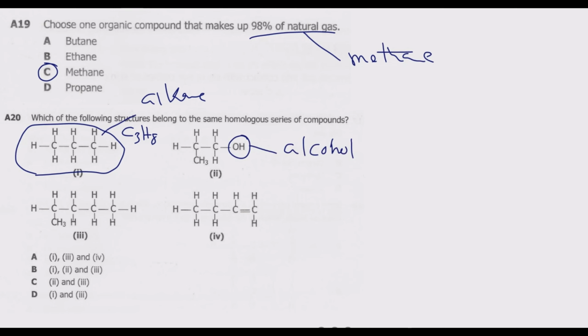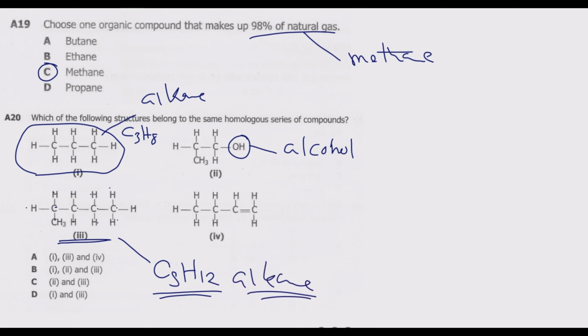Then if you see number 3, this one doesn't have a double bond, they are all single bonds. So we need to just establish the formula. So this is C, 1 2 3 4 5. So there are 5 C's. Then how many hydrogens? 1 2 3 4 5 6 7 8 9 ... 12. So this one is basically an alkane, like the first one.